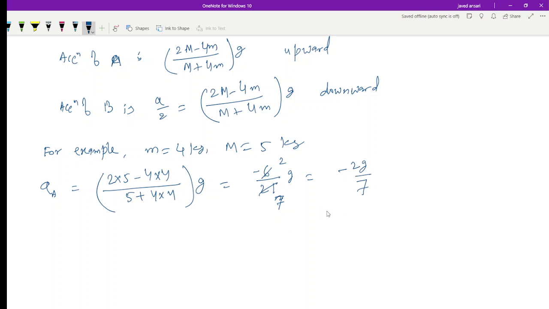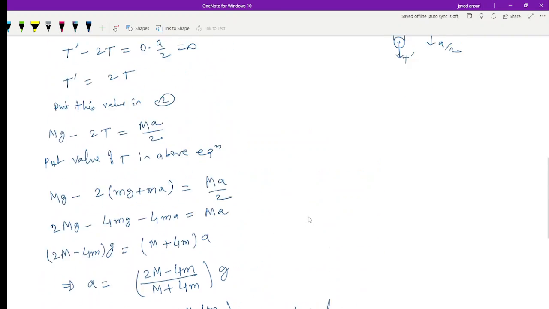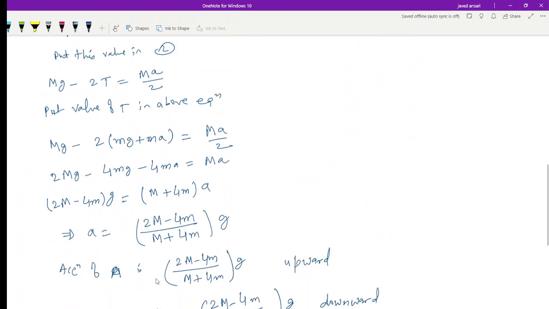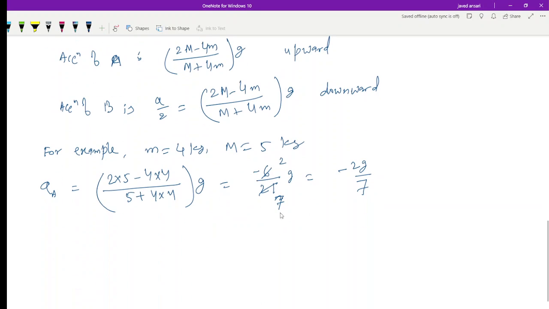What does this minus sign mean? The minus sign means we assumed the acceleration has an upward direction, but for these values of small m and capital M, the acceleration is coming as negative. It means our assumption was upward, but the actual acceleration is downward for these values. So acceleration of A is 2g by 7 downward, right?